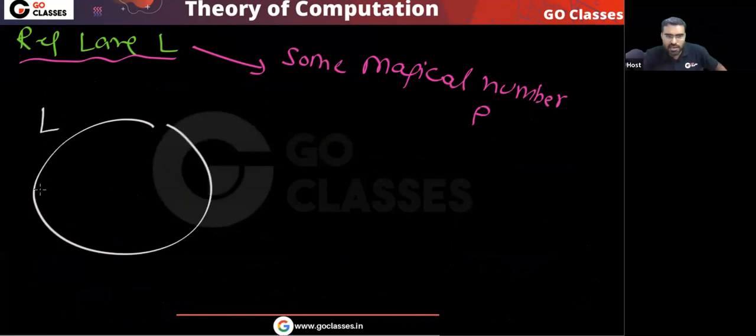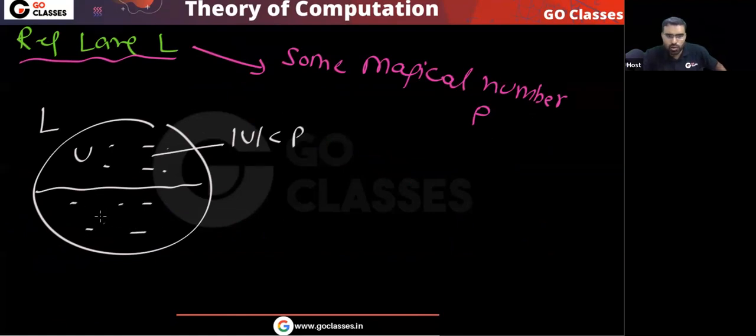Remember this point. If you take a regular language L, you can take any regular language L, this regular language will have at least one magical number. So this will have some magical number P. Now, inside this L, there will be some strings whose length is less than P, and there will be those strings whose length is greater than or equal to P. Now, what does the pumping lemma say?